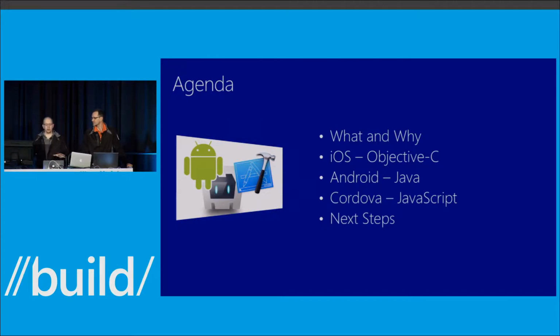We're just going to be going through code, showing you how to do things, which I figure at 5 o'clock on the second day should keep you interested, I hope. So we'll go through iOS, Android, Cordova. Then Todd's actually going to show a fully featured demo app that he's built over the past 6 months or so. And then we'll wrap up by talking about some of the things you can do next if you want to further your learning.